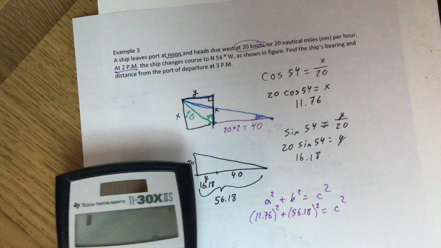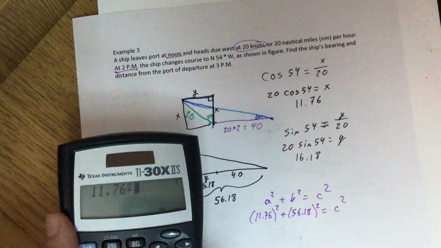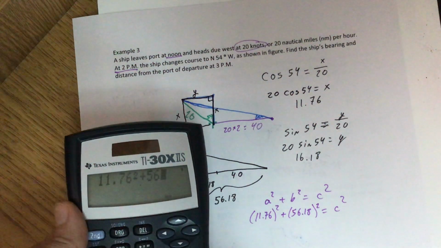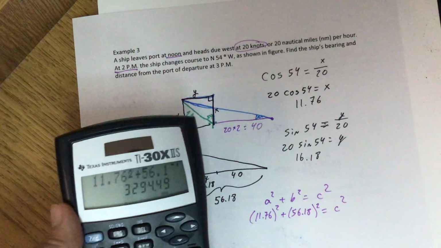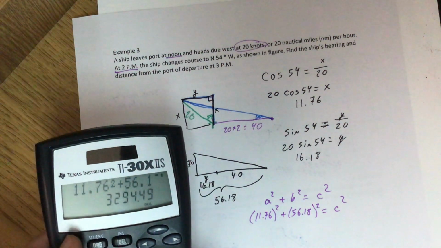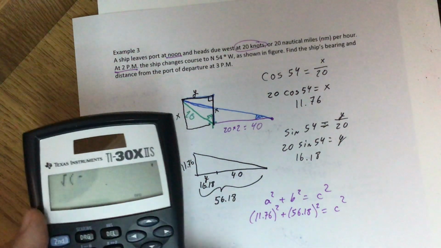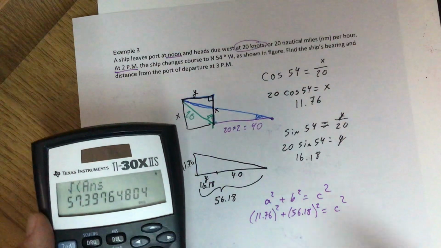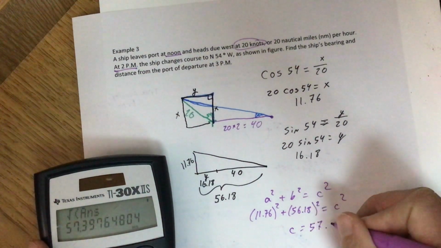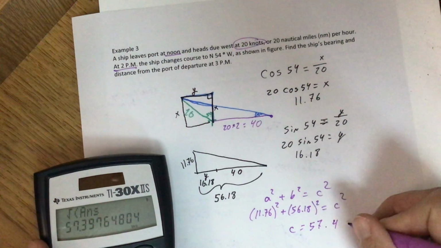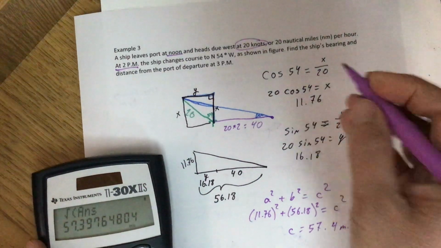Okay, we get that, and then we're going to square root that. All right, so that gives me a c of 57.4, and that was miles.